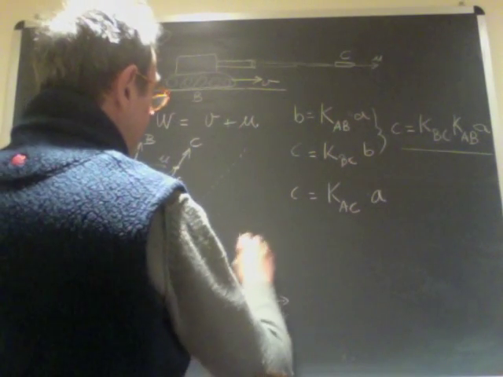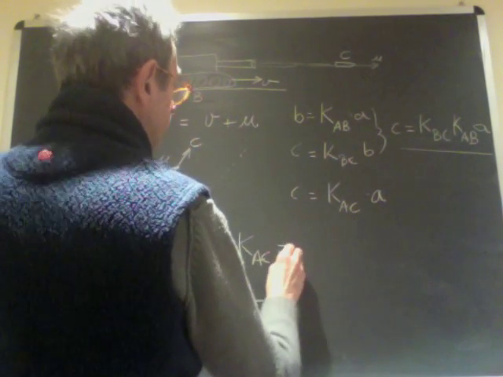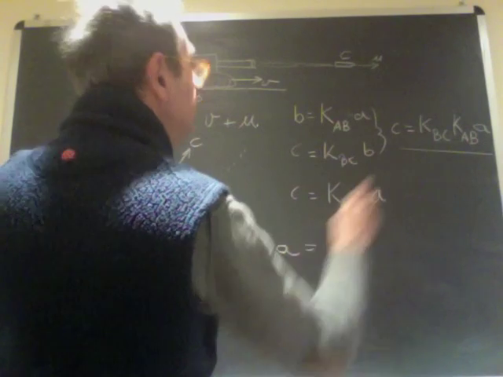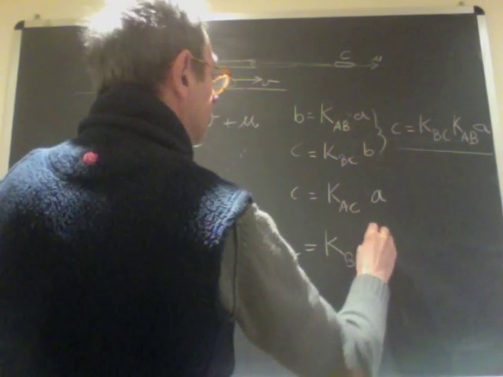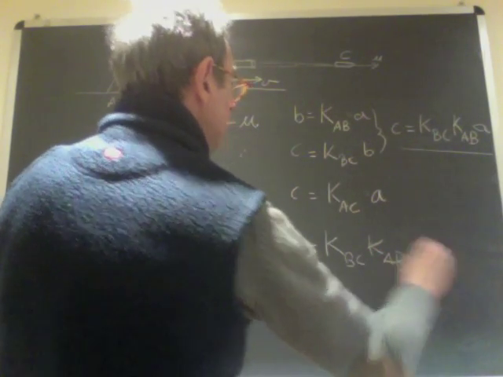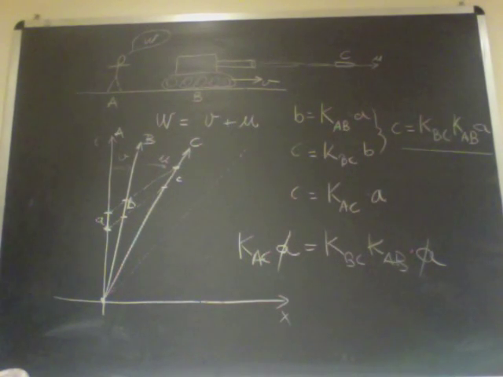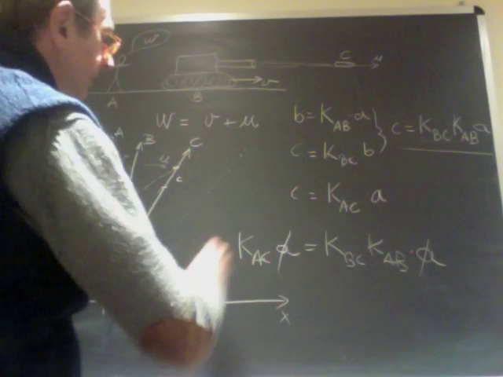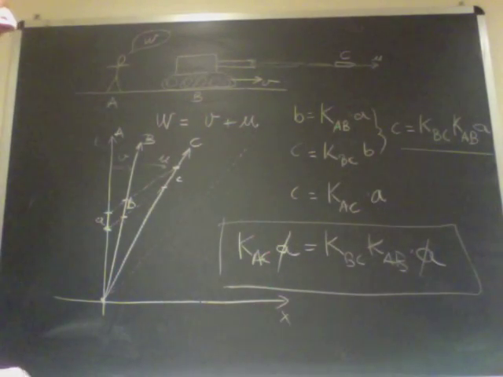But c is also equal to this. So at the end of the day, I can write that K_AC times a is equal to K_BC K_AB times a. The a goes away, and I've got this final important equation.